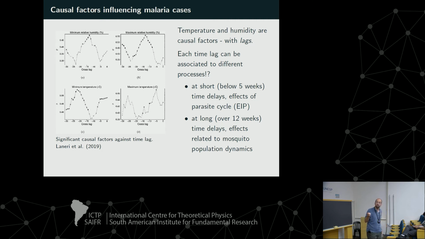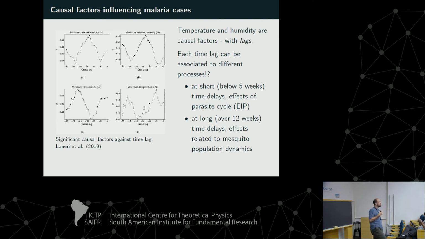But what is interesting is you always get a peak here, right? So we have peaks in minimum and maximum humidity at 13 weeks, and then for minimum temperature we have significant points between 0 to 5 weeks, and then at 22 weeks, and here I think it's 5 weeks for maximum temperature, okay?